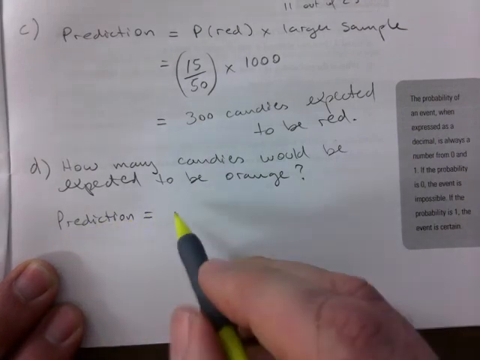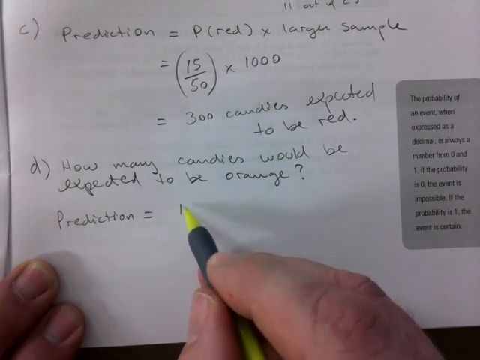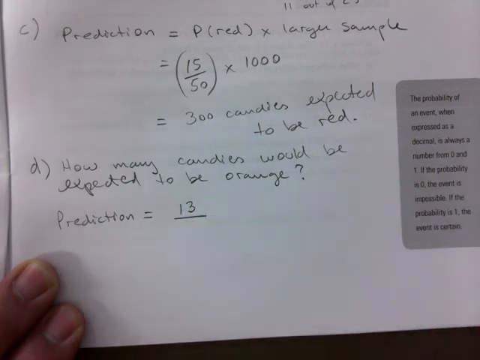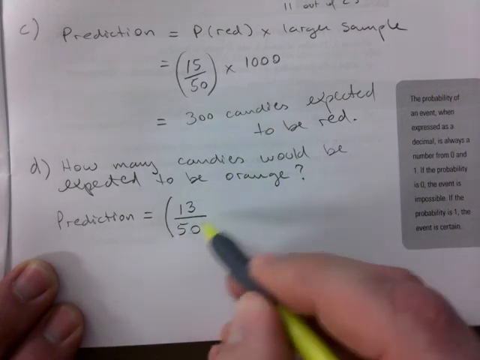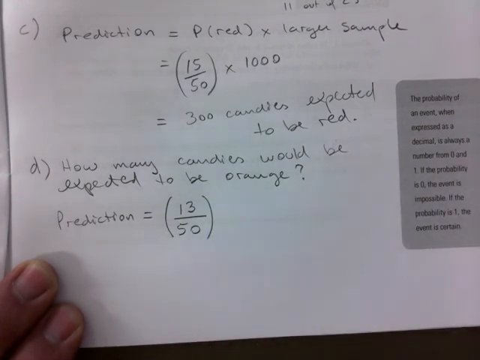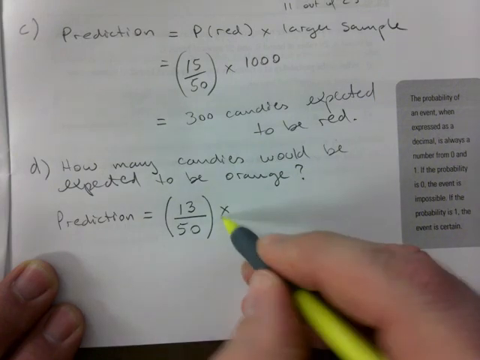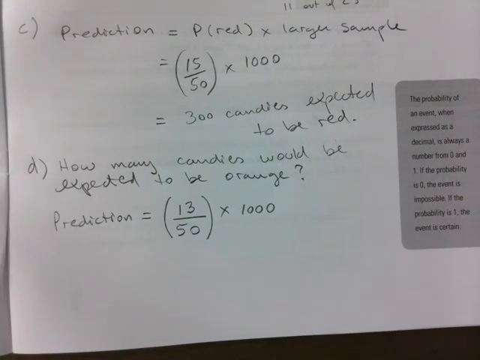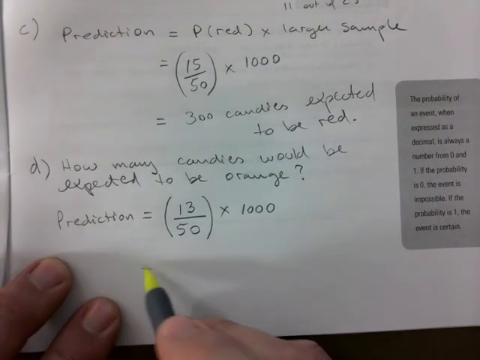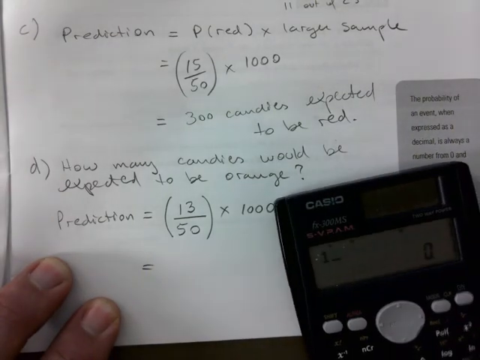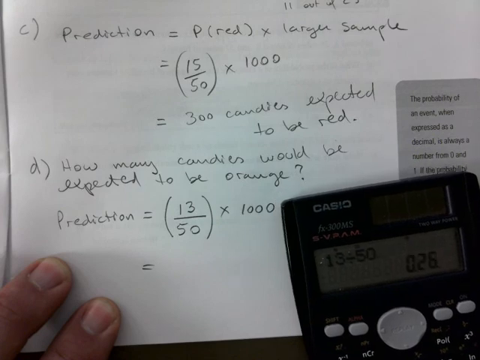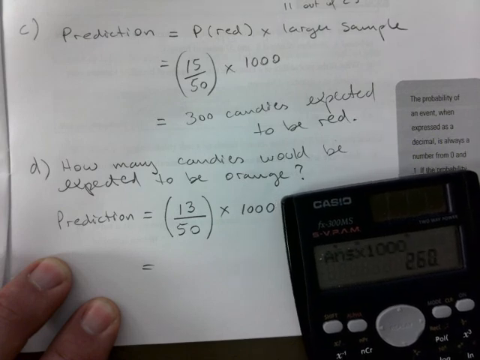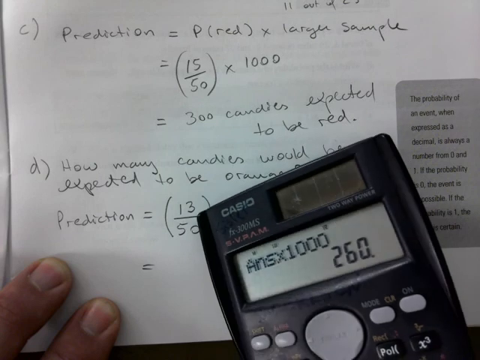What's the probability of getting an orange one? You go up there and you say there are 13 orange candies out of a total of 50. I like to put this in brackets like that because that is a probability. And then we're still talking about 1,000 candies, right? So you go 13 divided by 50 times 1,000. That's 260.